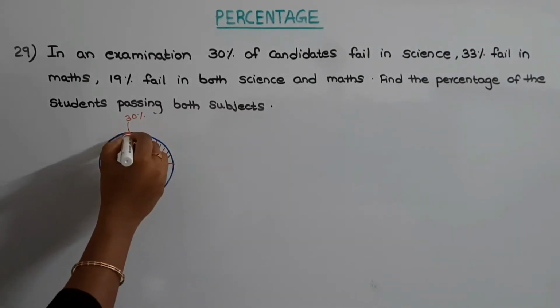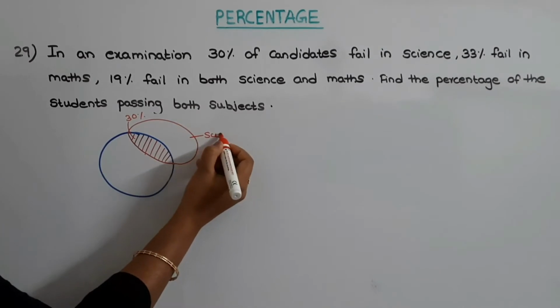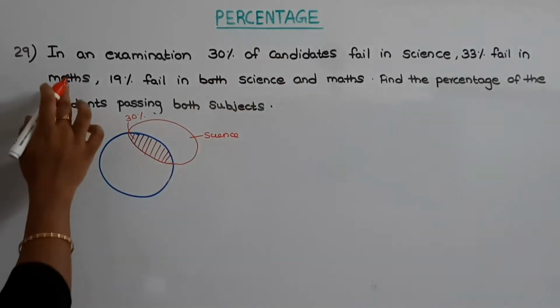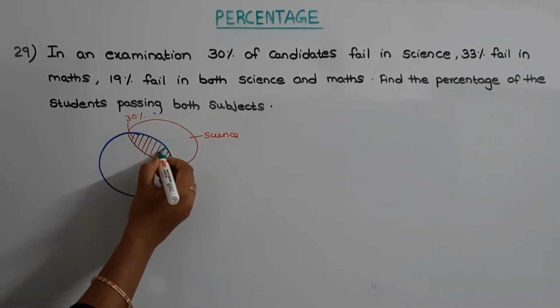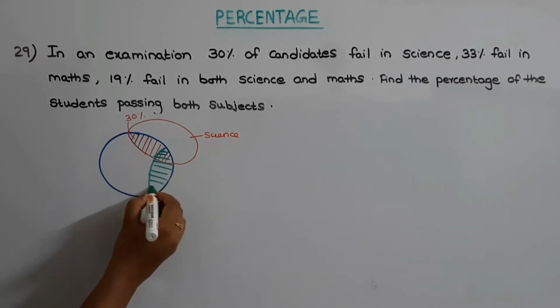Let us consider this circle for the subject science. Now they are telling that 33% fail in maths. So let us consider this part as 33% of the total number of students who appeared the exam.